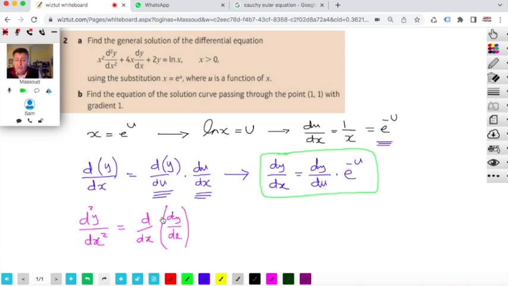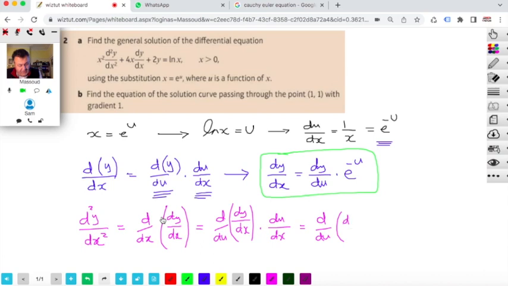If I want to change the variable of this differentiation, I take the differential of dy dx with respect to u, as long as I multiply by the chain du dx. So we're going to differentiate the first differential, which is here, with respect to u.